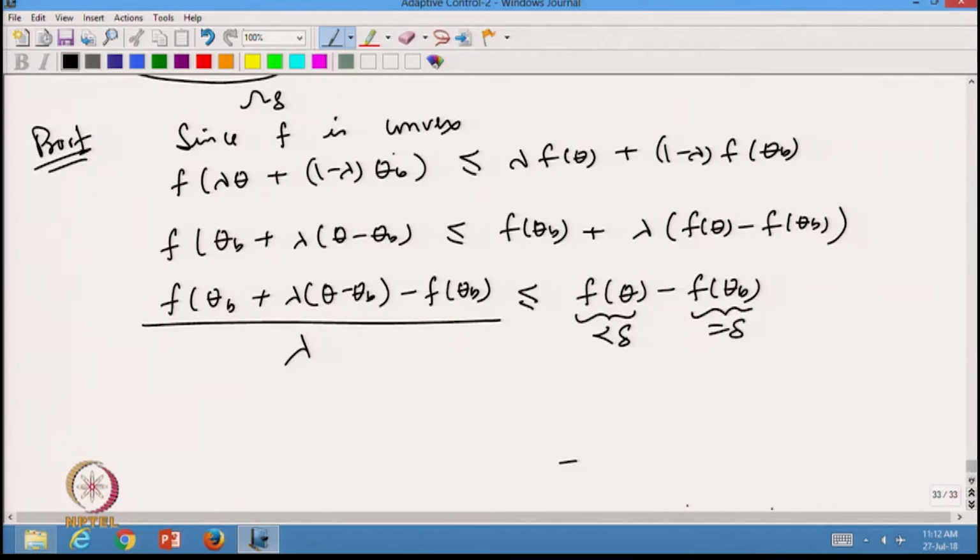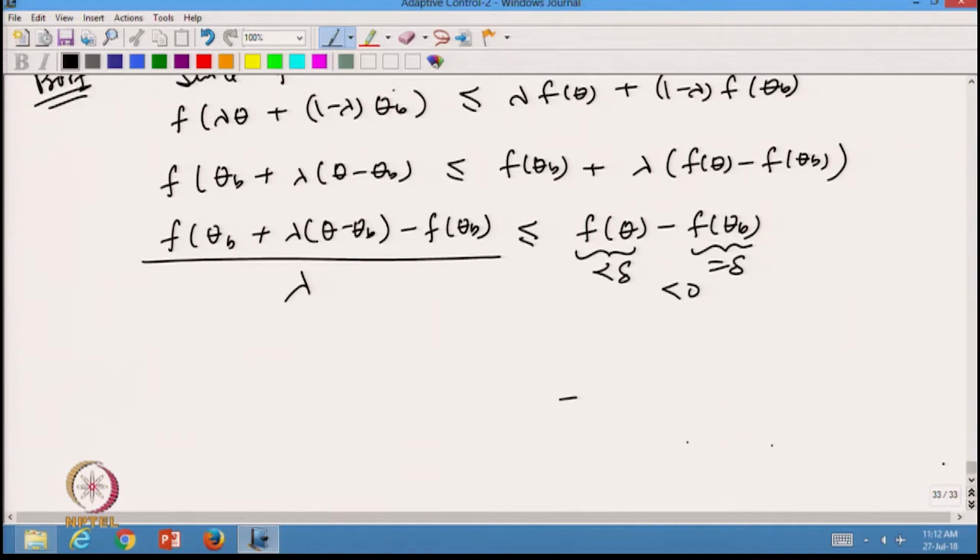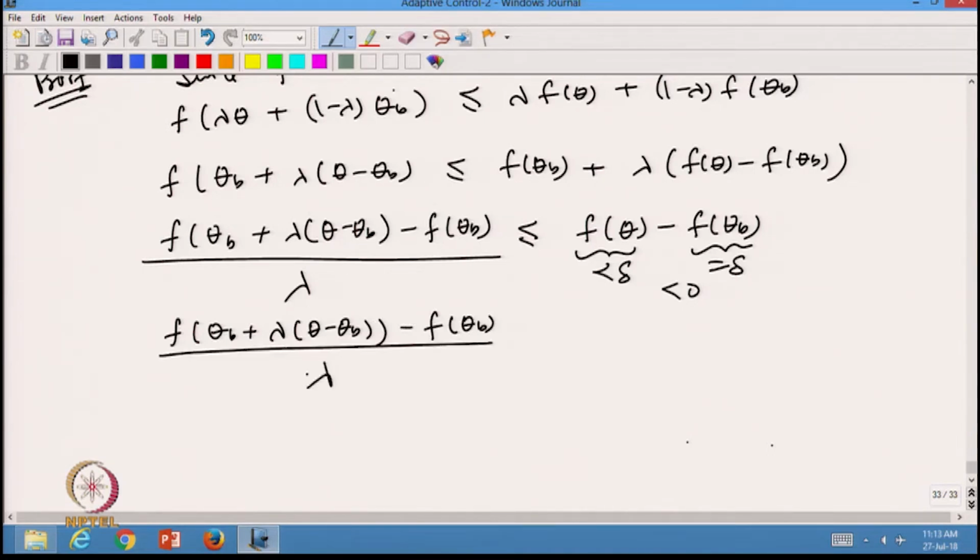So when we take the difference, it will of course be less than 0. So we can say that f of theta b plus lambda theta minus theta b minus f of theta b divided by lambda is less than or equal to 0.